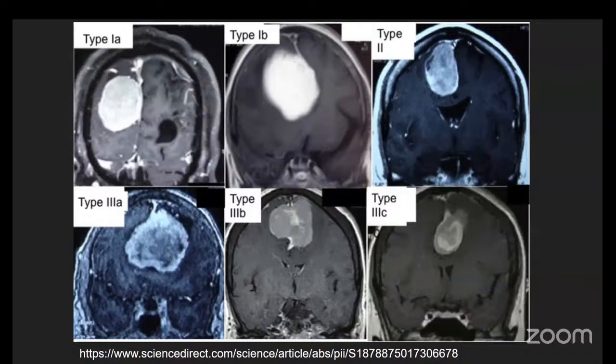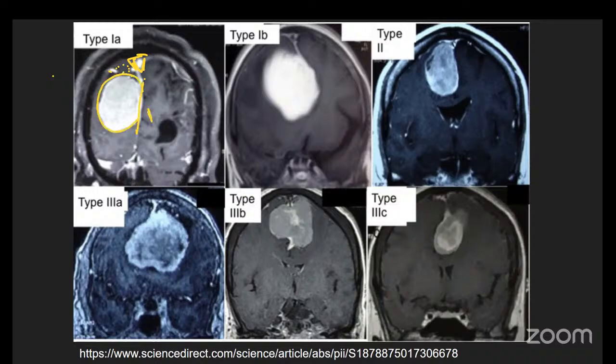You can see type 1A, then you have type 1B, then you have type 2, then you have 3A, 3B, 3C. 1A is simple, our usual falcine meningioma, which is away from the superior sagittal sinus here. So there is some cortex in between and it's still on the one side.